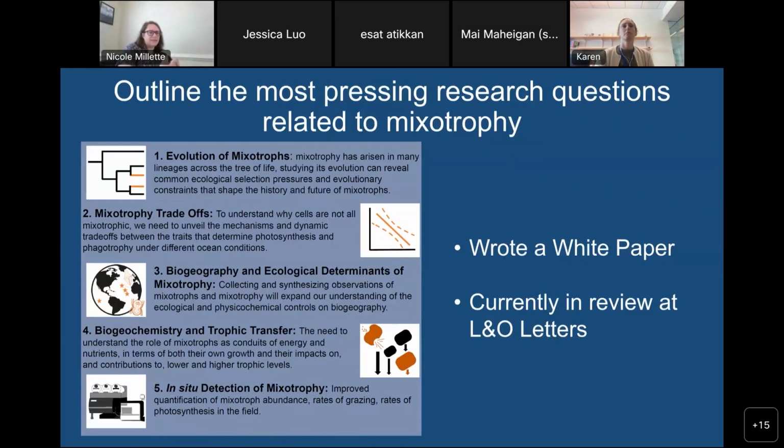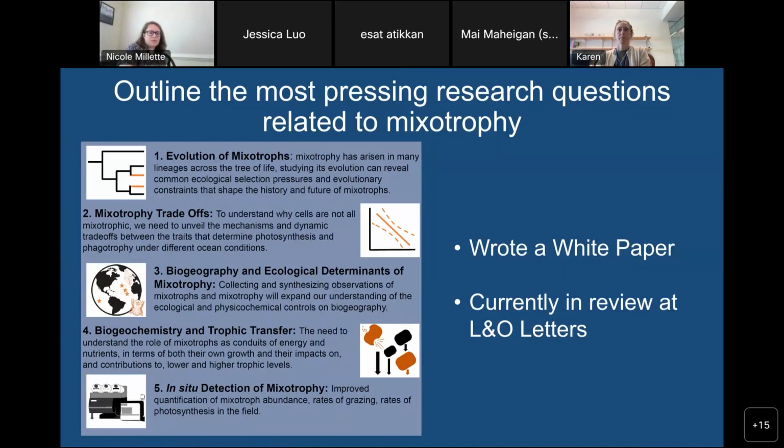So there have to be trade-offs associated with being a mixotroph, and really understanding those trade-offs and the dynamics of the benefits of using mixotrophy versus an organism that's just using strict phototrophy or heterotrophy is really important. It's understanding the conditions that favor mixotrophs.